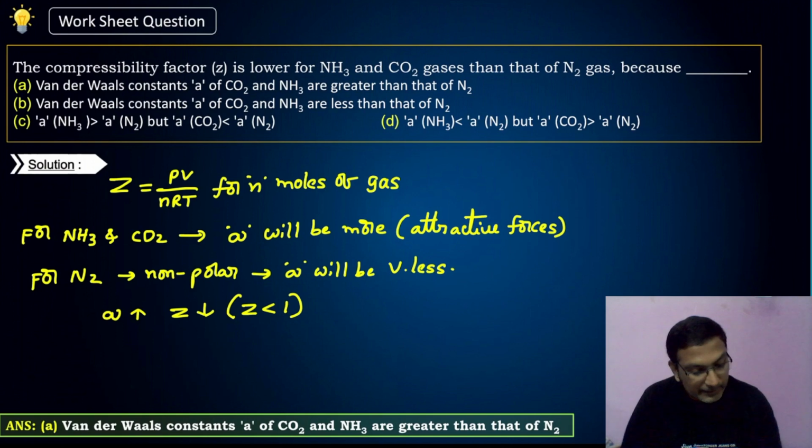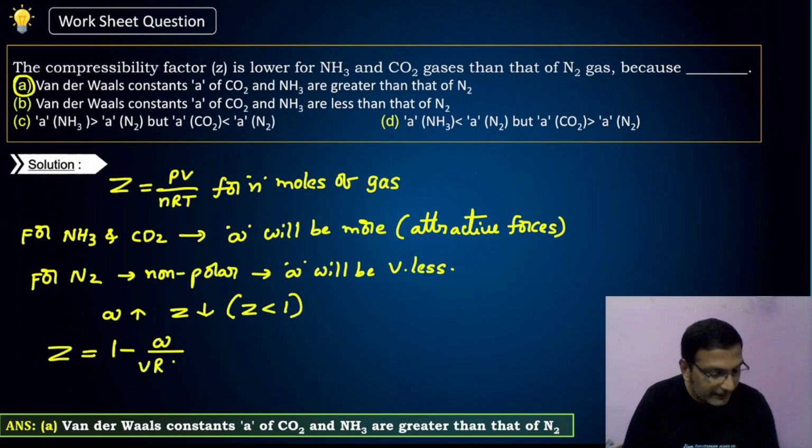So option A. So as the force of attraction increases, A value increases. So as the value of A increases, compressibility factor decreases according to the relation Z equal to 1 minus A by VRT. Take this relation.